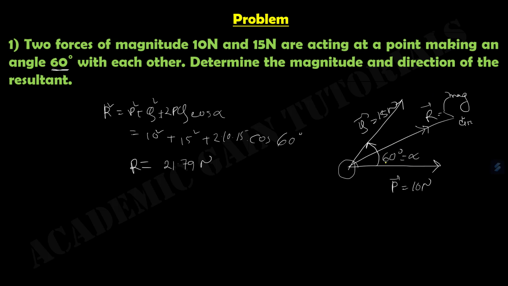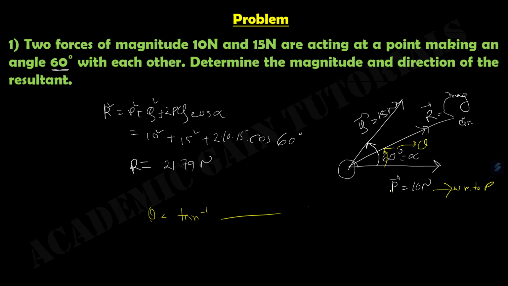First of all, we find an angle with respect to P. That will be theta. We have to find out what is the theta with respect to P. So the formula is theta equals tan inverse.